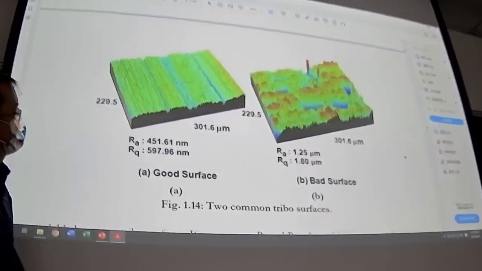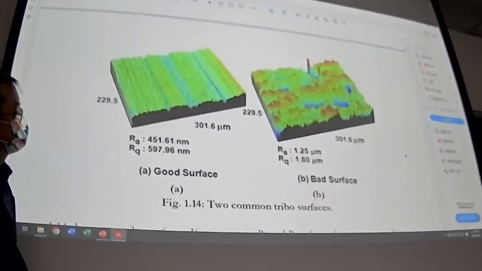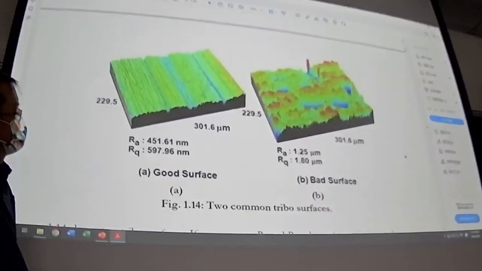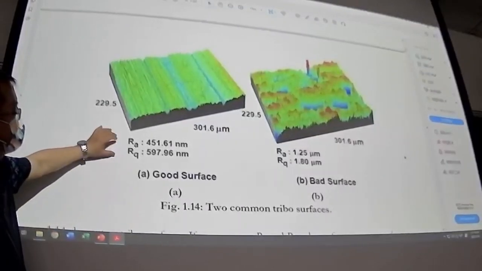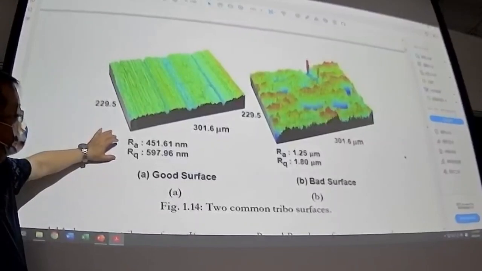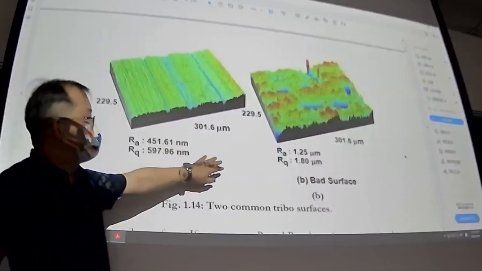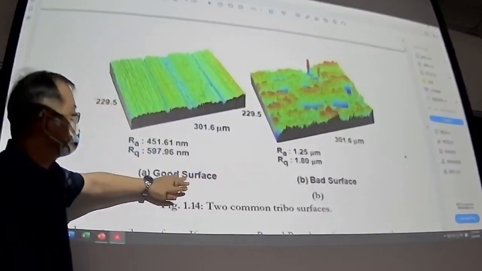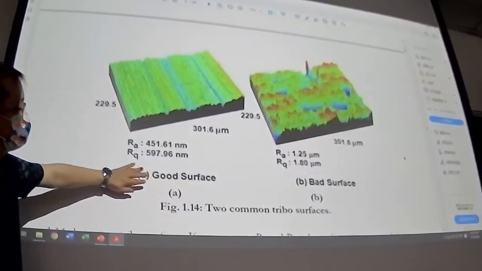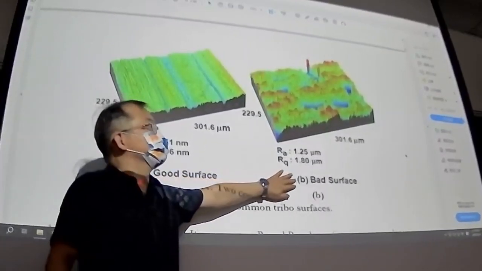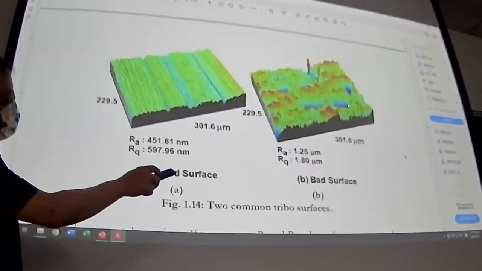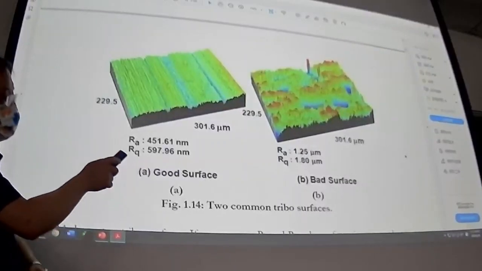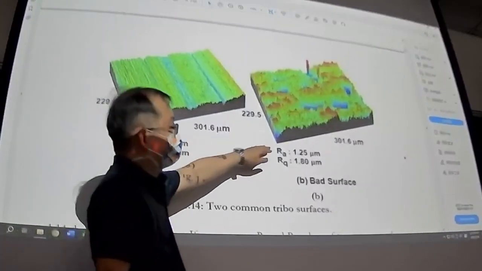Both of these two values are smaller than this one. So in that case, you have a better surface compared to this one. You have a dramatic change from the high point, the asperity, to the body. Okay.